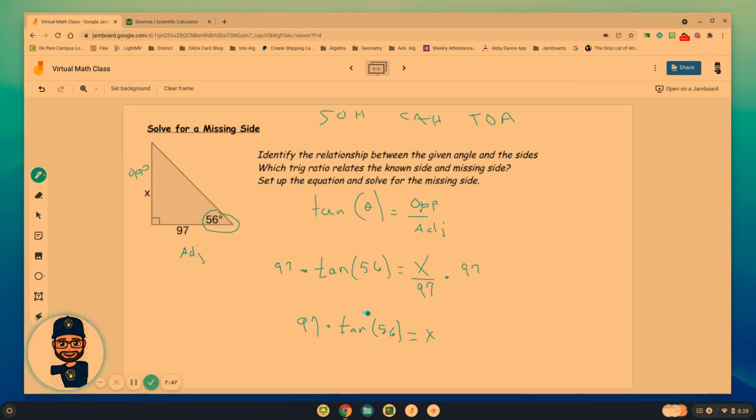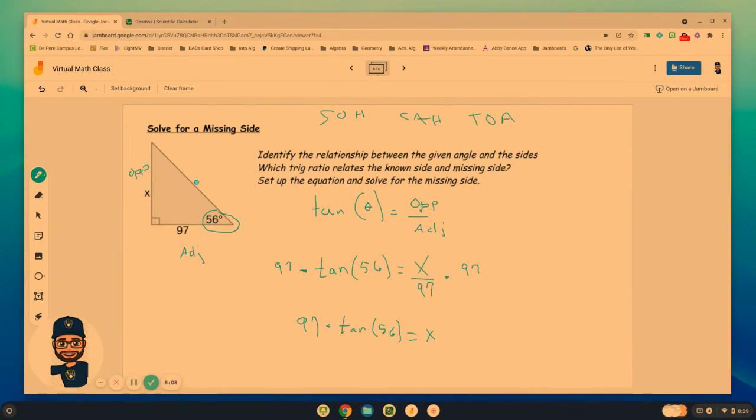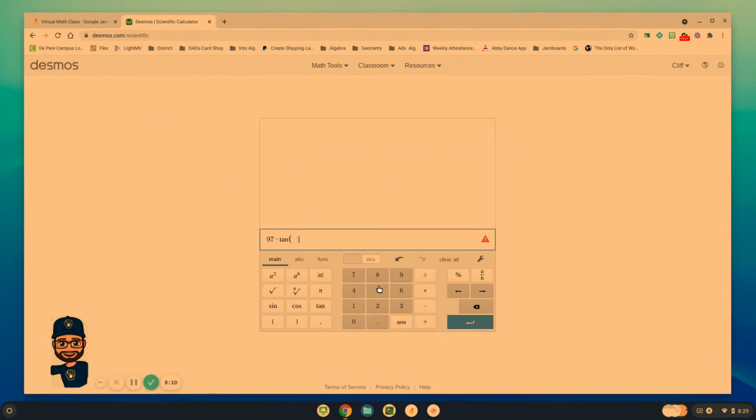And we're going to go to Desmos and punch that whole thing in right here and round to the nearest hundredth. 97 times the tangent of 56.